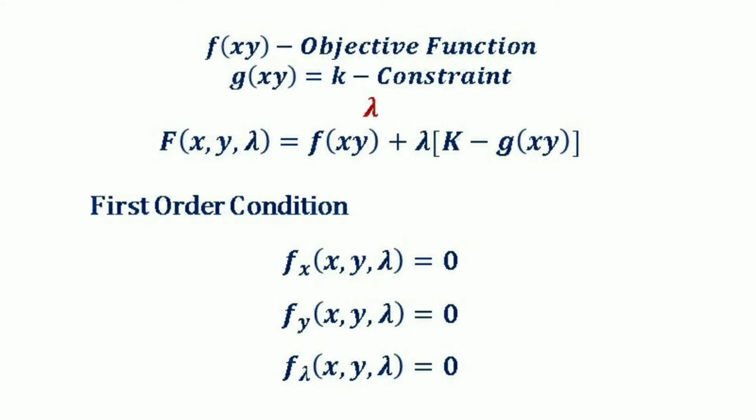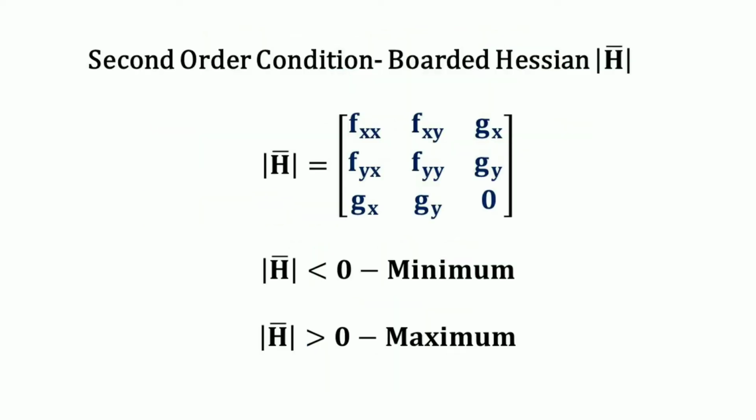Once we satisfy the first order condition, the next step is to find the second order condition, which differs from that of unconstrained optimization, which we have already explained in previous videos.